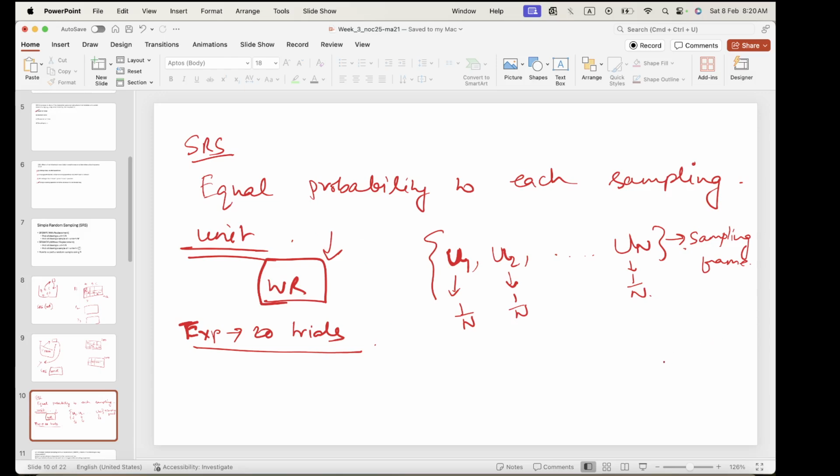Now comes the question of with replacement or without replacement. Whenever I am talking about a with replacement or without replacement scheme, that is when I am not only sampling one unit, but sampling more than one unit.